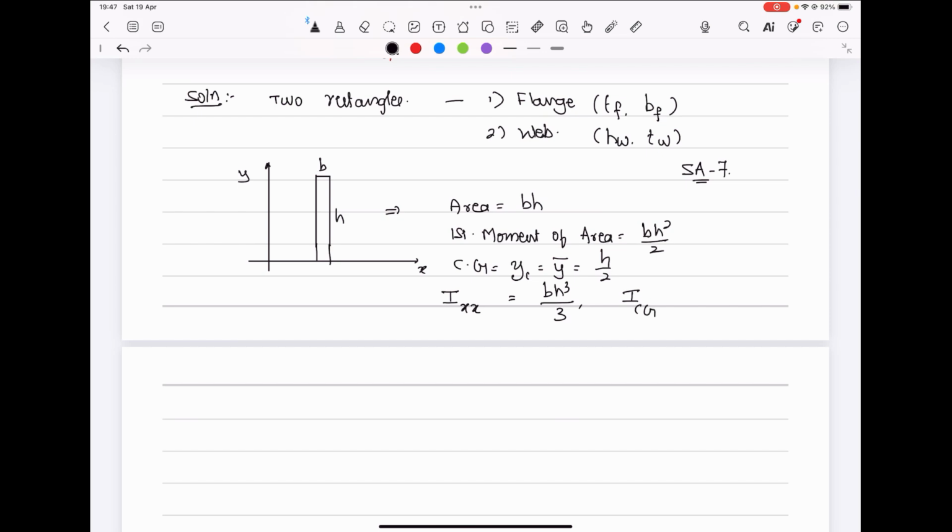ICG is equal to BH cube by 12. These are the values which we have calculated from basics of calculus and from definitions, and these values I told you to remember.